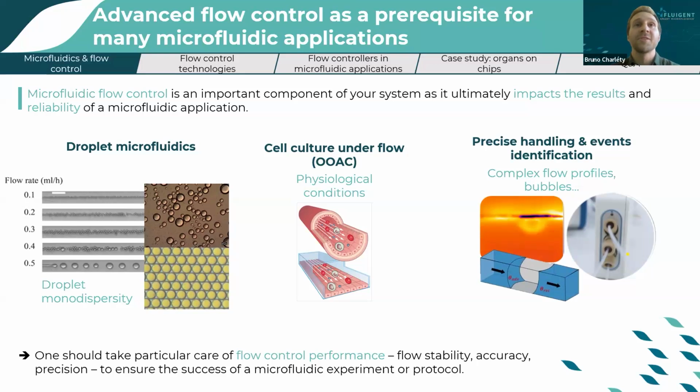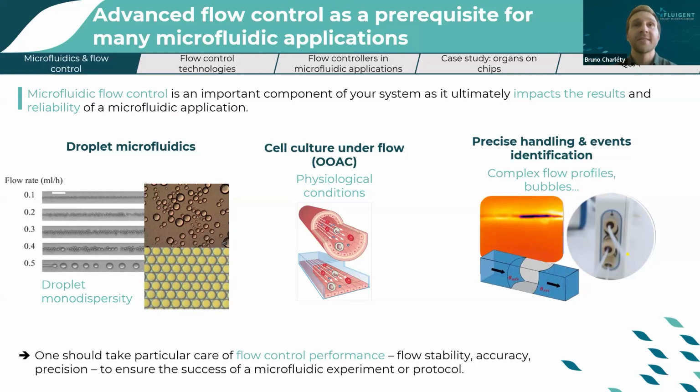Using microfluidic technology for cell culture is also interesting. In fact, it offers many benefits compared to the traditional methods such as Petri dishes or well plates, as it will better reproduce the physiological conditions. One crucial aspect of this technology is the type of perfusion system you will be using.